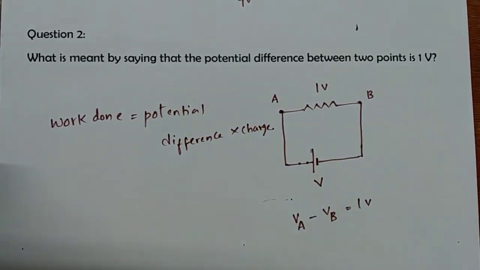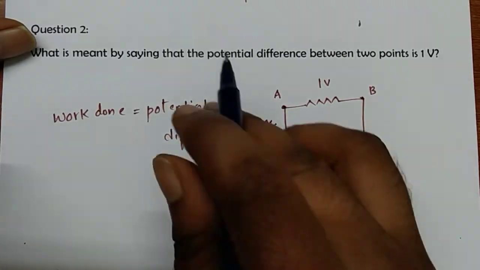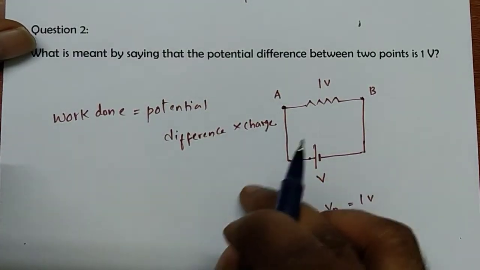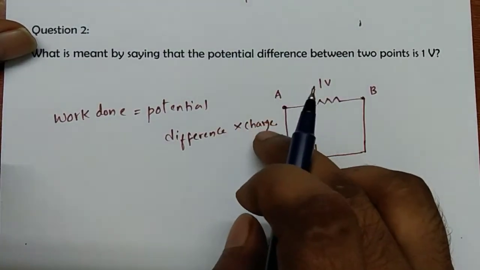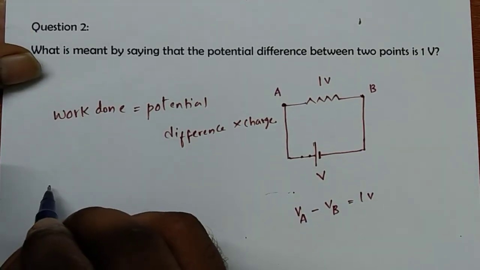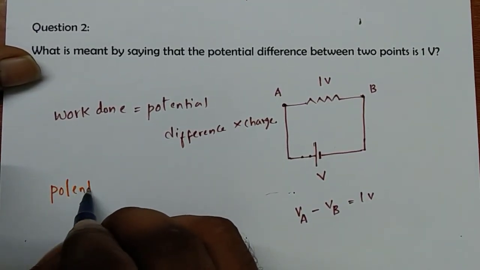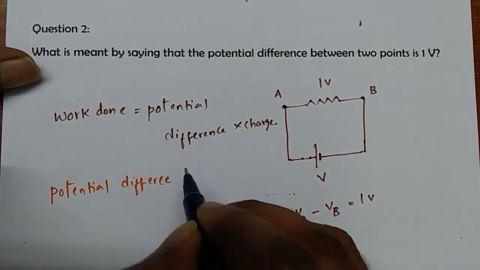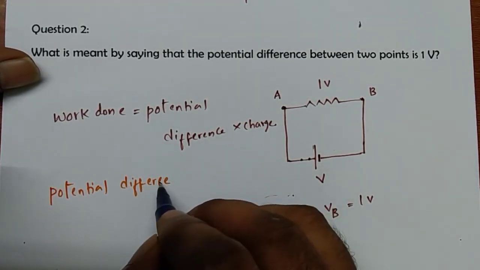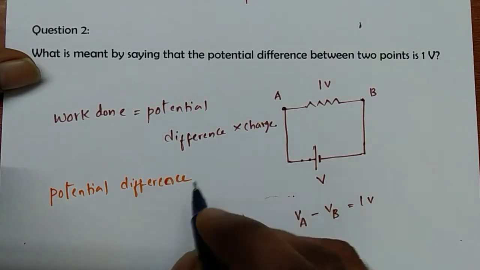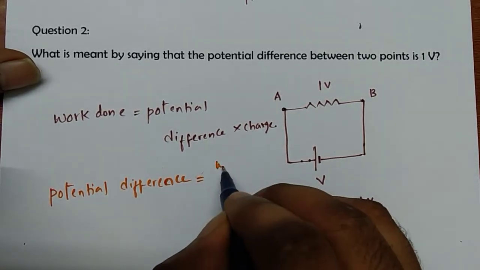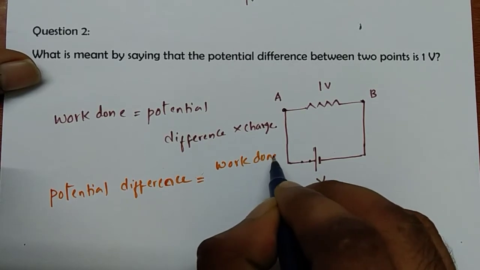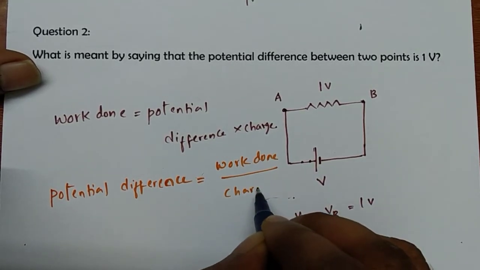I am going to rewrite the same formula: potential difference I keep here, but charge I send to the other side. If charge is multiplying, when it comes here, division will come. So potential difference is equal to work done divided by charge.